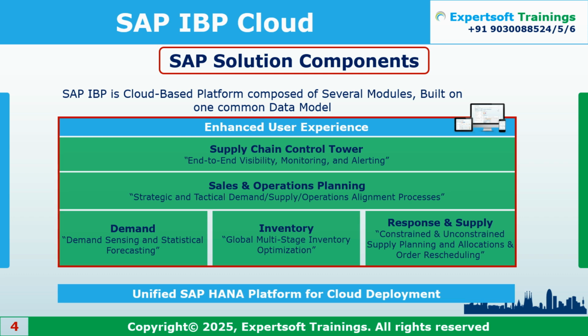So, at the higher level, these are the modules under SAP IBP. Now, if you start with demand, generally when I say demand planning, do you handle it in S4 or PP?